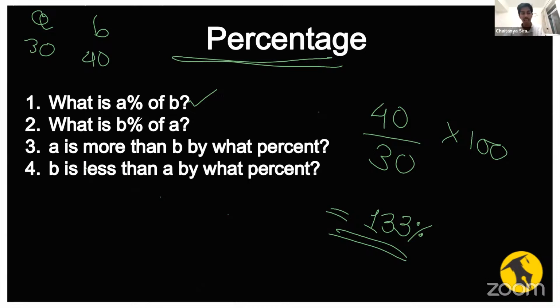The real trick is in part C and part D. A is more than B by what percentage? Here you will have to take the difference first.